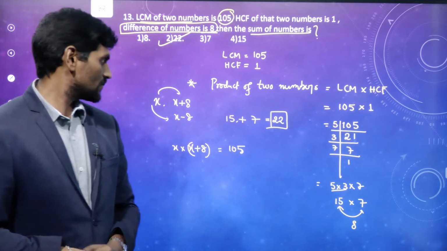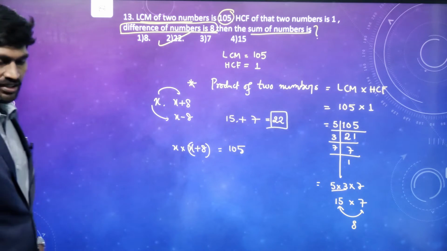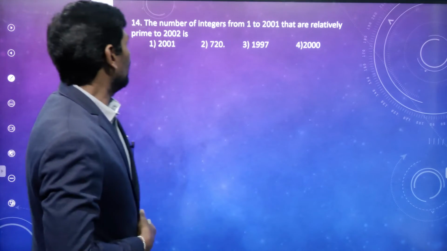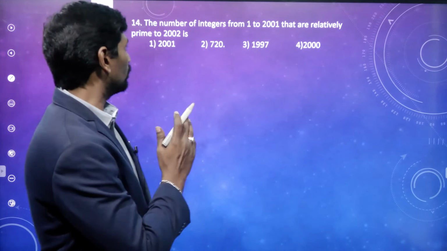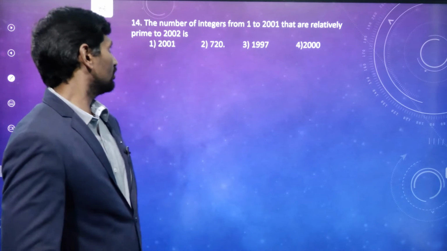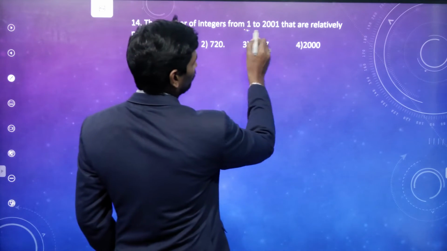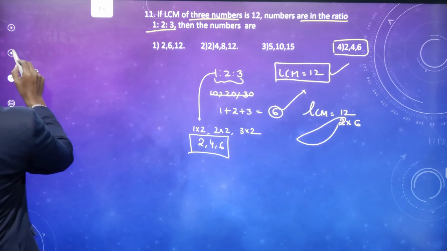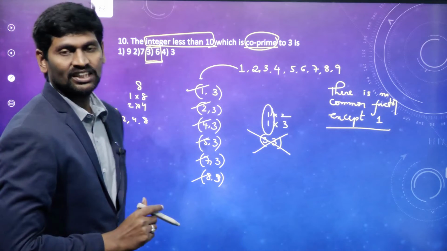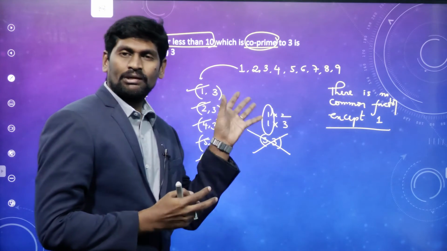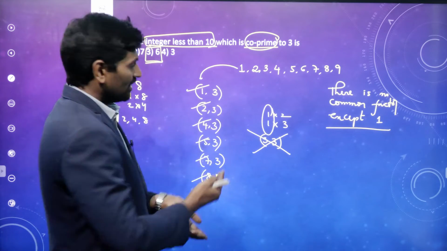Okay? Right. So let us go to the next problem. The number of integers from 1 to 2001 that are relatively prime to 2002. That means we need to check the integers from 1 to 2001. Like the previous problem, we did it with the integers less than 10, checking 1 to 10, writing 1, 2, 3, 4 and every number.